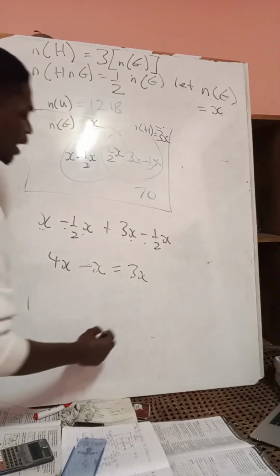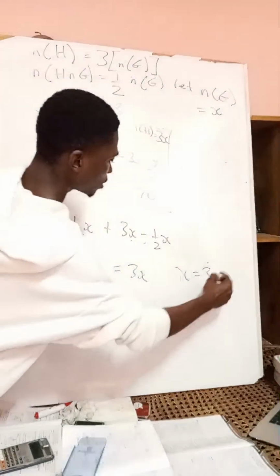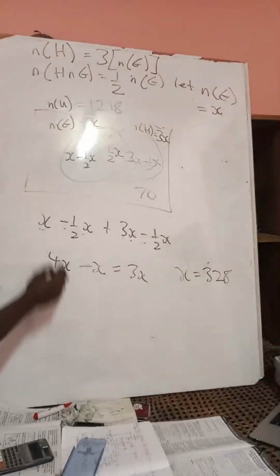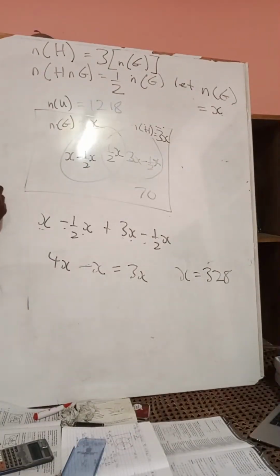Now we know that x is equal to 328. So we can say that only people, exactly 1 people.